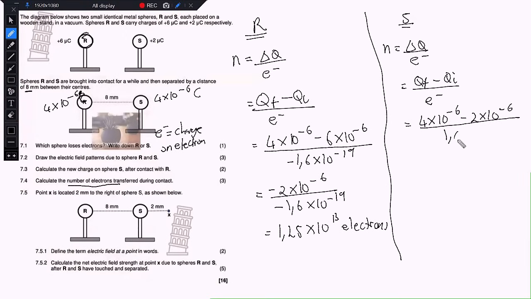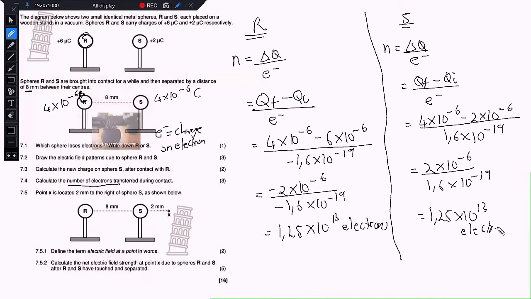Now I have to substitute that as a positive as well, because my n should always be a positive integer. Now from subtracting this, I will get positive 2 times 10 to the exponent of negative 6 over positive 1.6 times 10 to the exponent of negative 19. So if I were to punch this, I still get the same answer, 1.25 times 10 to the exponent of 13 electrons. Now it's up to you which sphere you choose to reference from, but at the end of the day, you're going to end up with the same exact answer.